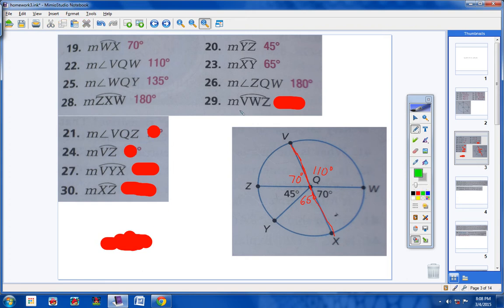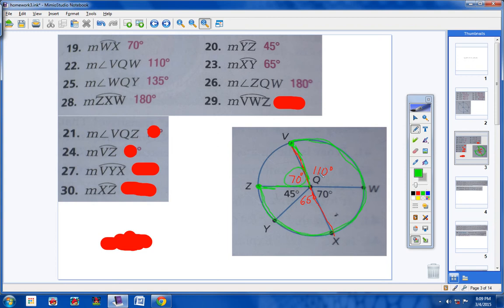Moving on to number 29. Arc VWZ. So from V to W to Z. So the endpoints of the arc are from here to here, but be careful, because we're not talking about this angle here. The arc includes every angle in here except this arc here.